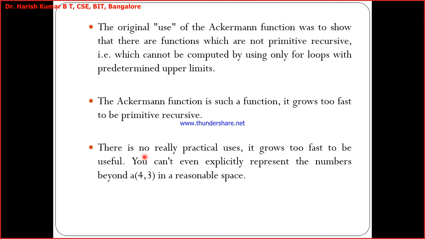There are no really practical uses of it. It grows too fast to be useful, so strictly speaking, you cannot give the input argument 4 comma 3 and above. It won't work even for 4 comma 3, because it grows too fast and the computer resources get exhausted trying to get the result.